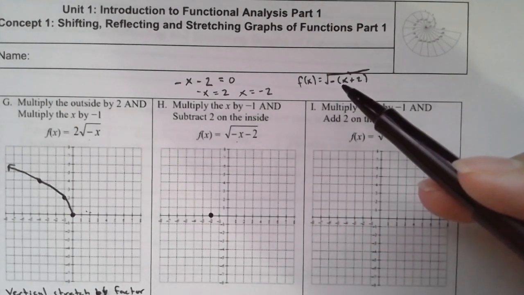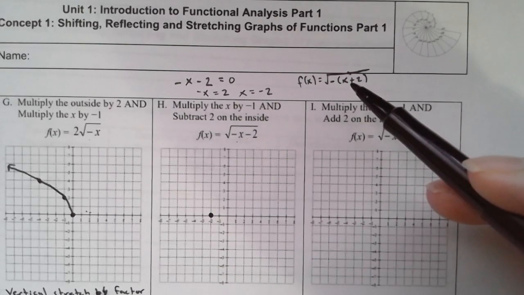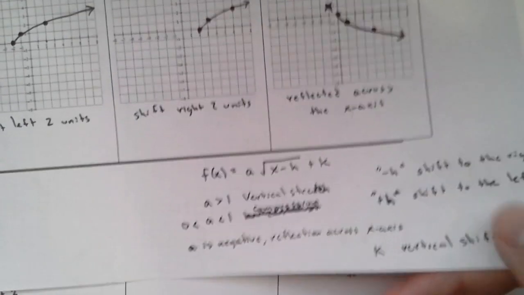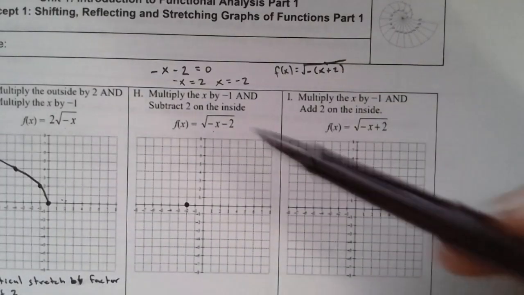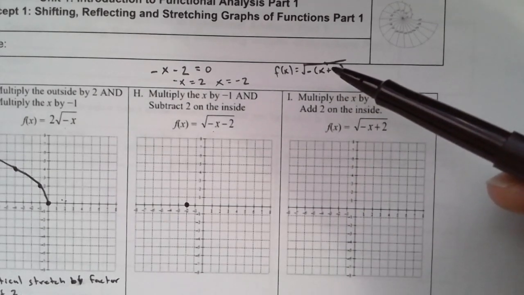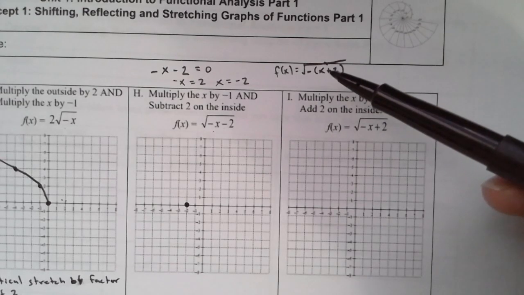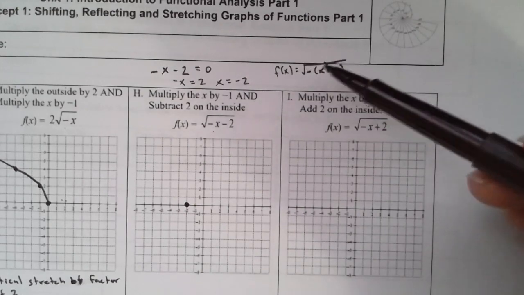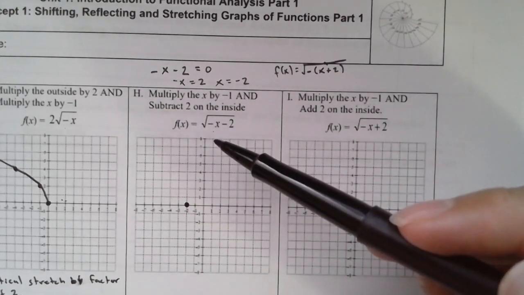Now you can compare it to that transformation note we did on the other page, right here at the bottom, and you can see that it's a plus 2, which means you're going to shift to the left, right? You're going to shift to the left 2 units, and you have this minus here in the front, so you are taking the whole thing and reflecting across the y-axis.